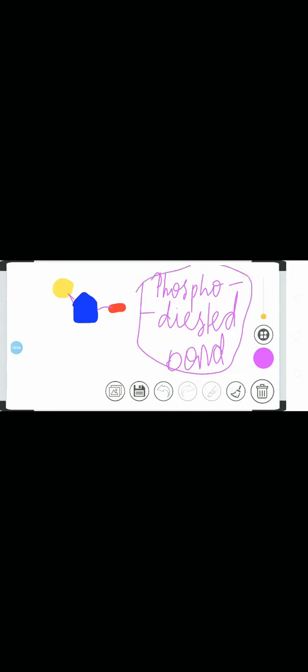I'll just rub this and I'll draw the DNA structure. This single structure you're seeing is known as a nucleotide. When a series of nucleotides are arranged in a sequence, then that is known as DNA. Now I'll arrange that nucleotide in a sequence.